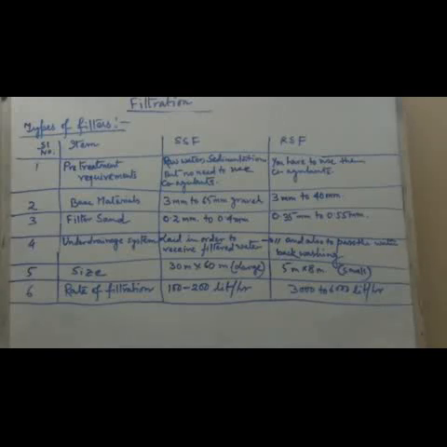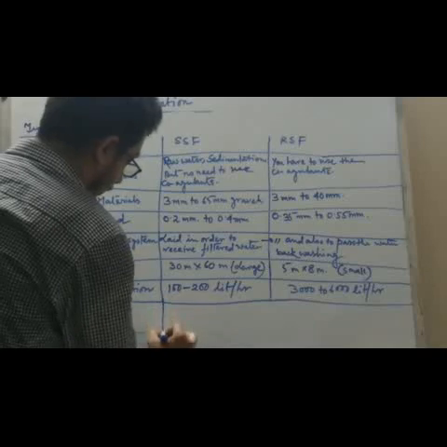And the next thing is economy. The slow sand filter's operation cost and maintenance cost is low, and for rapid sand filter, that is, for slow sand filter the initial cost is high, and for rapid sand filter the initial cost is low.